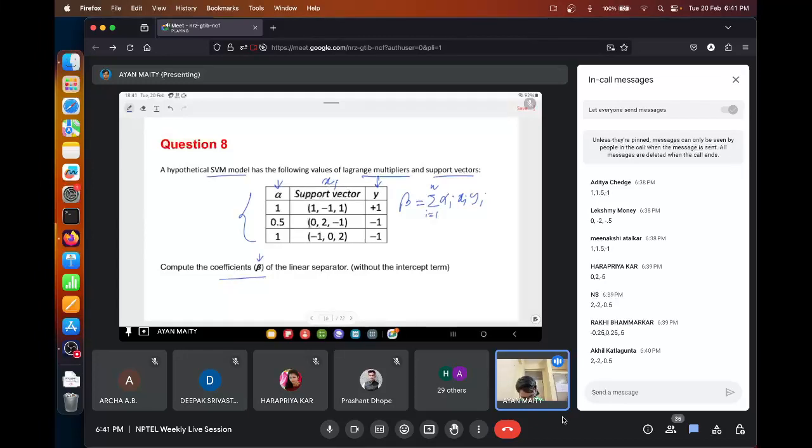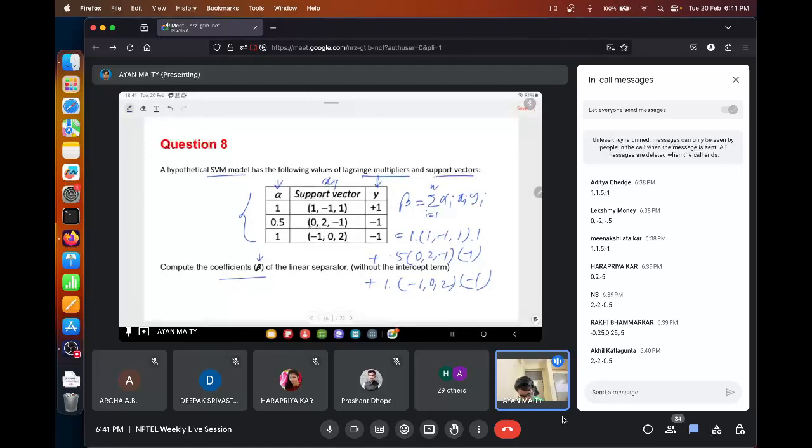If we compute this, it would be 1 into (1, minus 1, 1) into 1, plus 0.5 into (0, 2, minus 1) into minus 1, and then plus 1 into (minus 1, 0, 2) into minus 1.